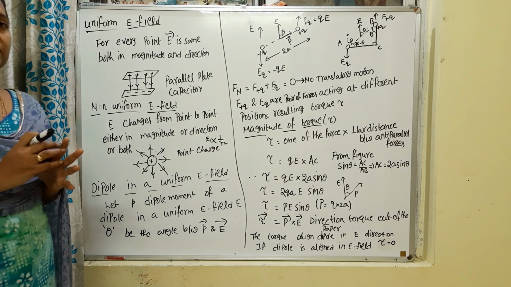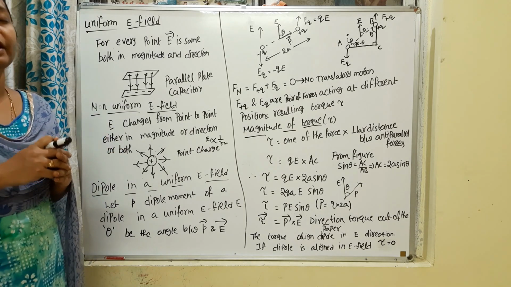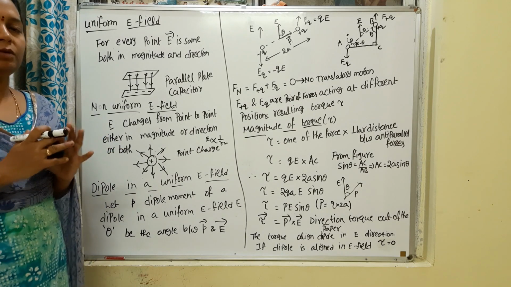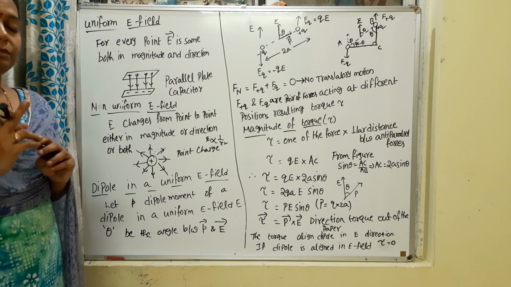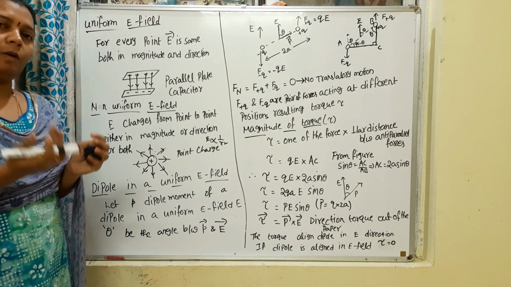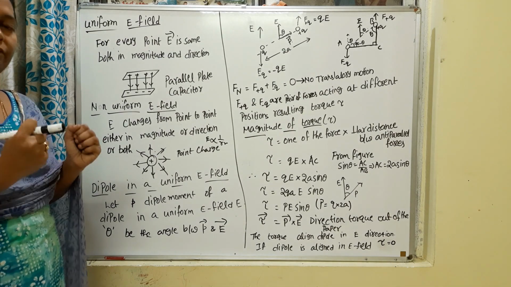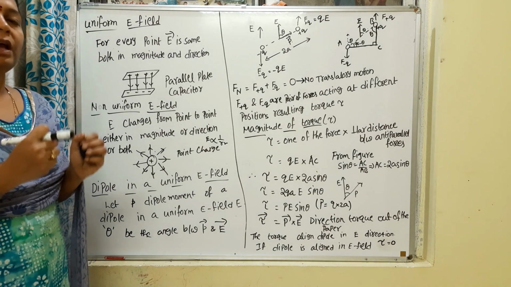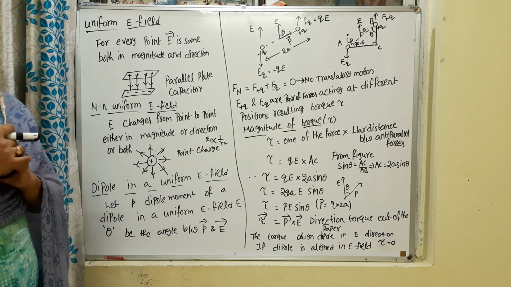Now we consider a dipole kept in a uniform electric field. What are the forces experienced by a dipole kept in a uniform electric field? Remember that we already have a net dipole, and it is kept in an electric field.